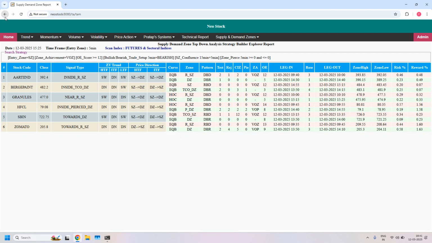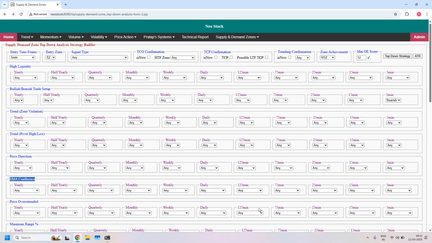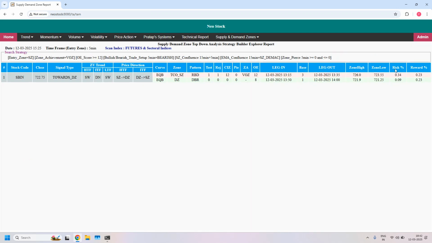Let's verify. In the EMA confluence 15 minutes time frame, I am selecting the filter 15 minute supply zone having daily EMA confluence. One stock is filtered. So this 15 minute supply zone has a higher probability of success.